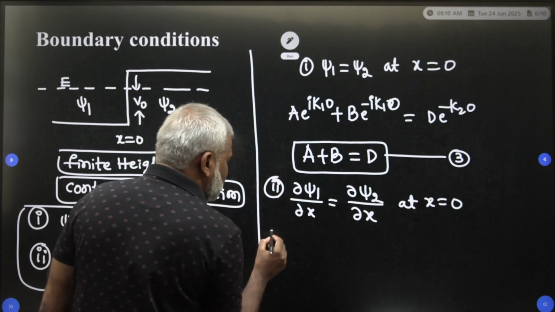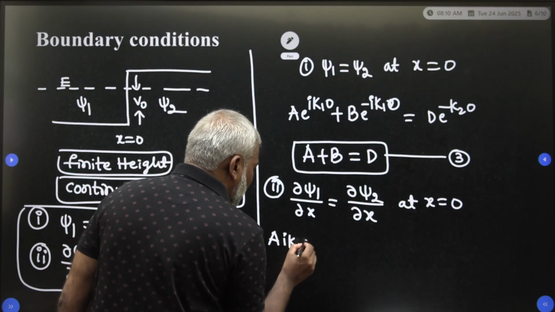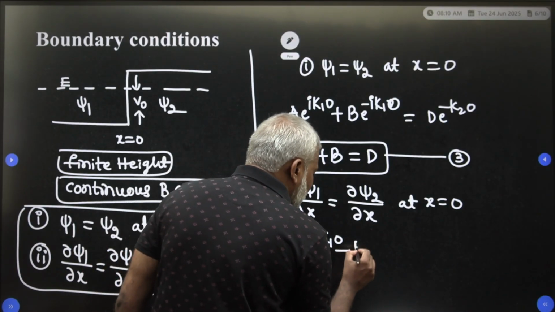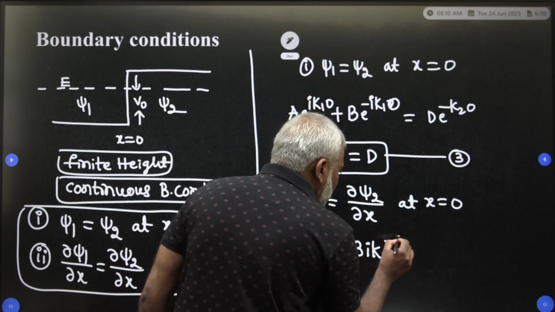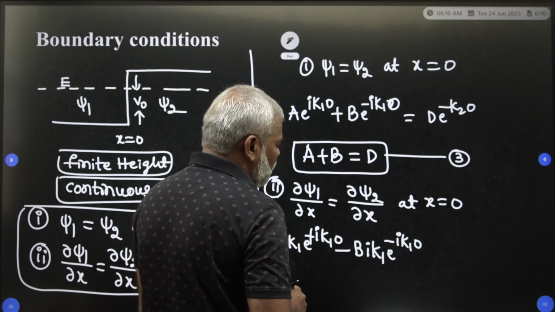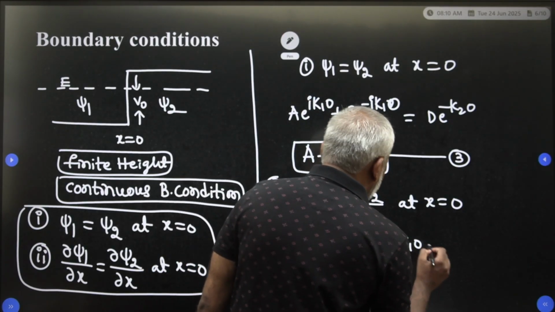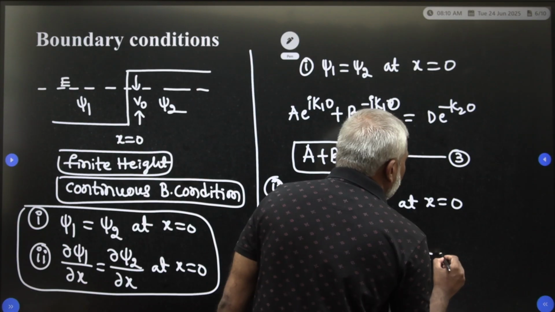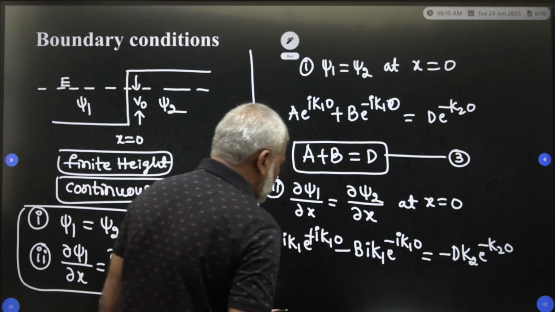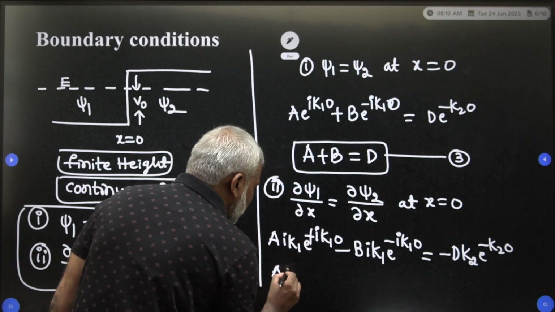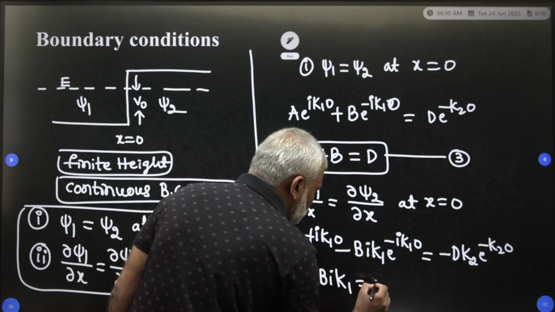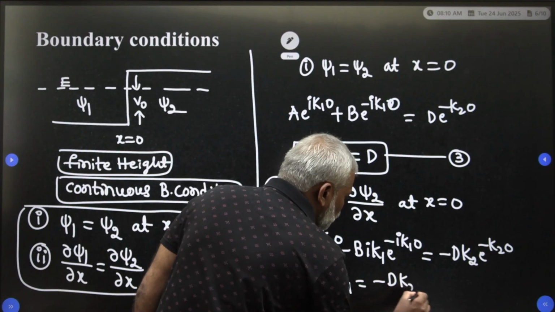First, you have to differentiate: a into e to the power of i k1 x, minus b into e to the power of minus i k1 x, at x is equal to 0, which is equal to minus d k2 into e to the power of minus k2 into 0. So, therefore, a i k1 minus b i k1 is equal to minus d k2 you are going to get.